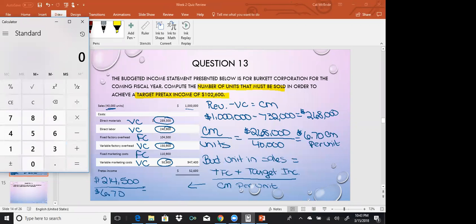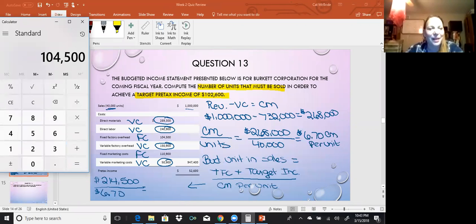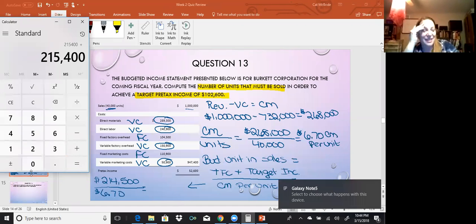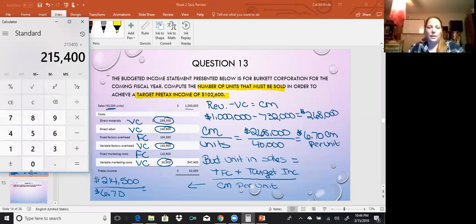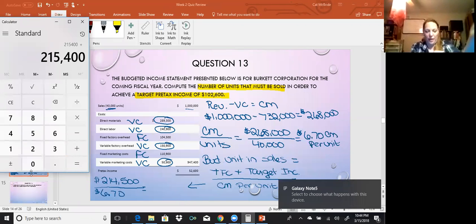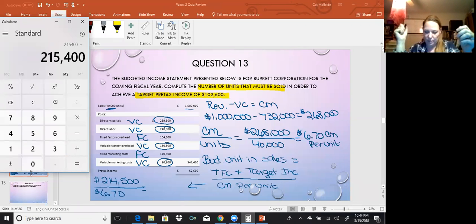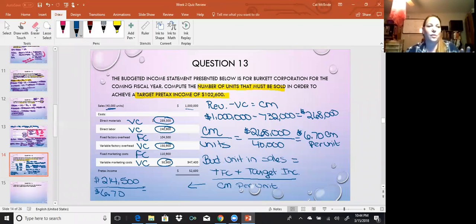I see that. 104,500 plus 110,900 plus the part we want to add, which was 102,600. Yeah, you're right. 102,600. 318,000. What am I missing? I'm not missing anything, right? My numbers were just wrong. Yes. 318,000. Now I just have to remember that for a minute. Quite a challenge.